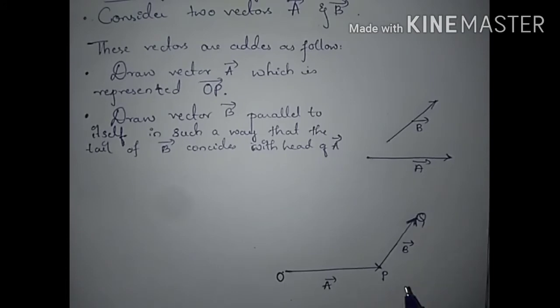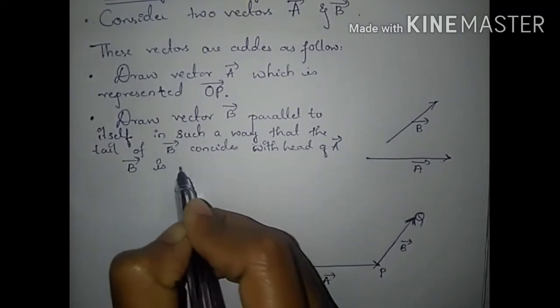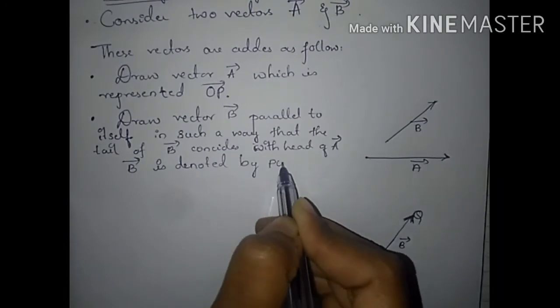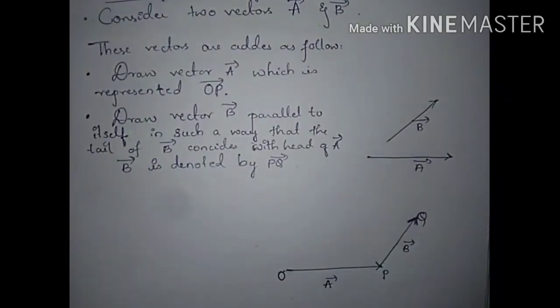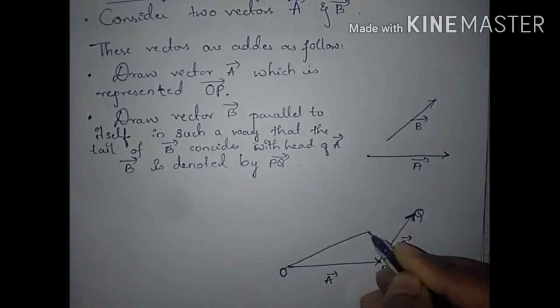So the next step would be to draw the resultant vector and find what will be the addition of vector A and vector B. Vector B is denoted by PQ. So now the resultant of A and B can be represented as OQ.